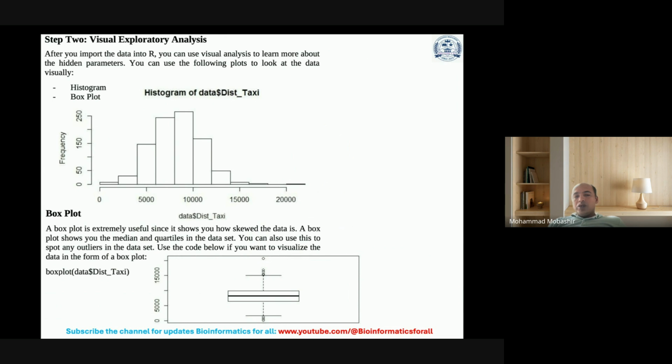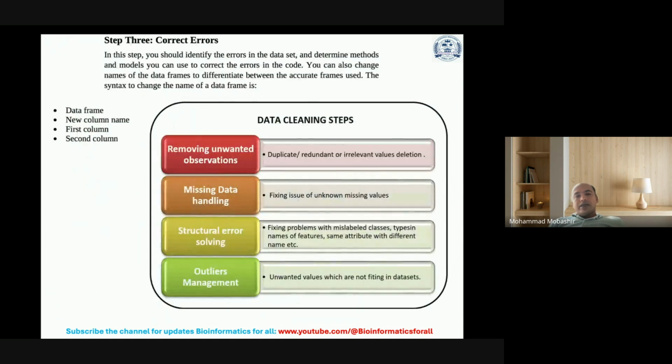This is very useful since it shows you how skewed the data is. A box plot shows you the median and quartiles in the data set. You can also use this to spot any outliers in the data. So use some code in R or Python or whatever coding language you are interested in. And this is how you can do it in R.